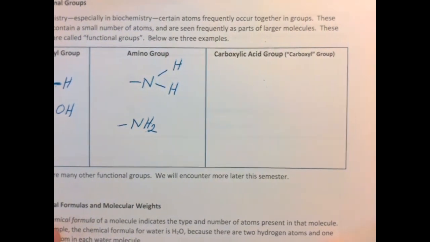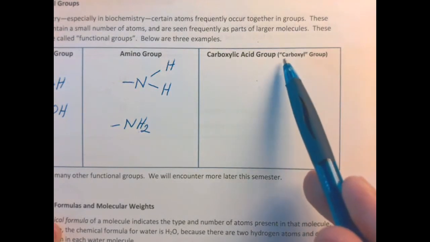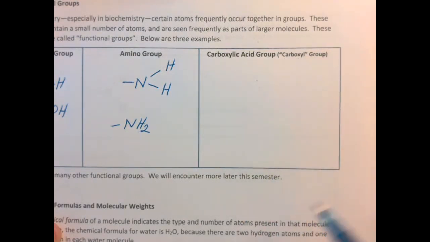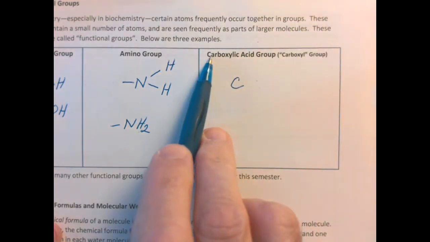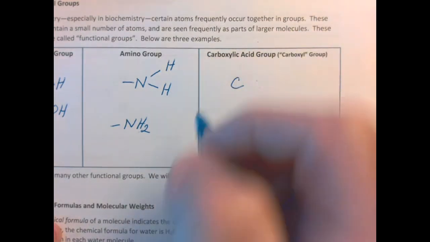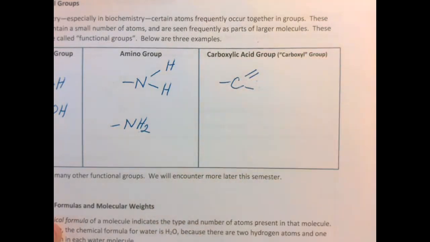Finally, there's one more functional group that we need to deal with right away. It's called the carboxylic acid group, or for short, some people call it the carboxyl group. Either way is a correct term. There's a carbon involved there, as you probably can guess. And again, carbon forms 1, 2, 3, 4 covalent bonds.